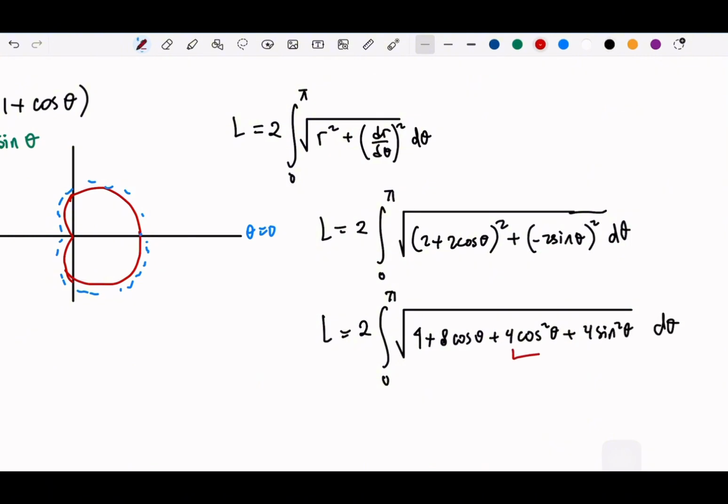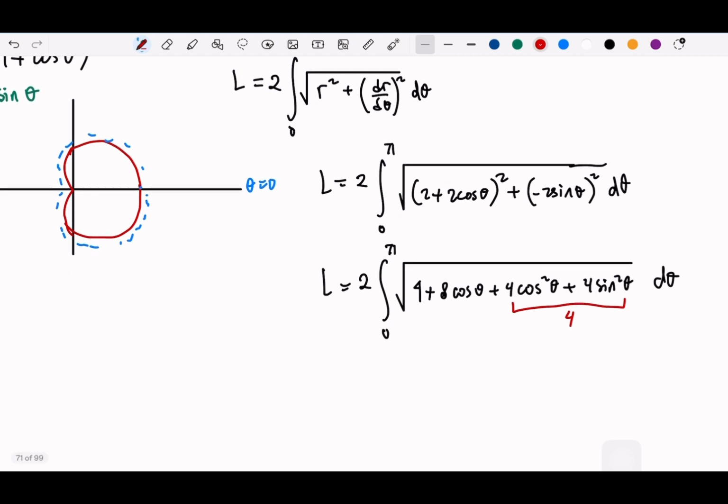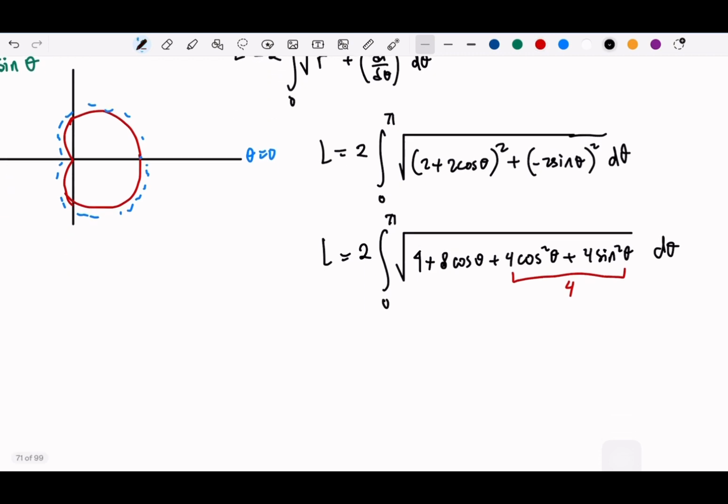Because this can equal 4. So we could write this 4, it becomes 8 plus 8 cosine theta d theta.